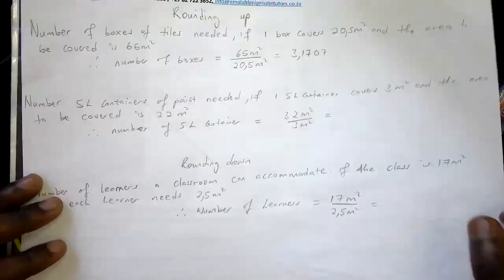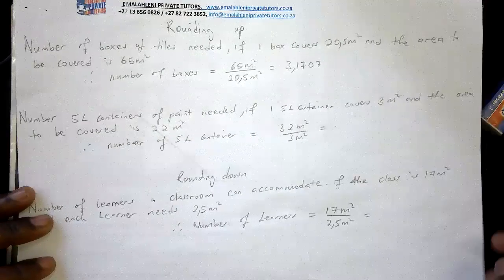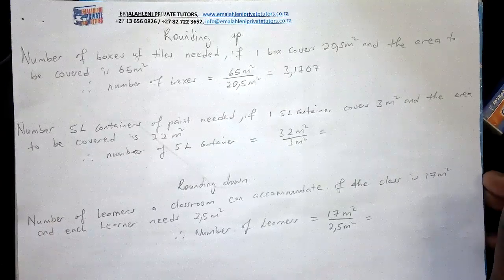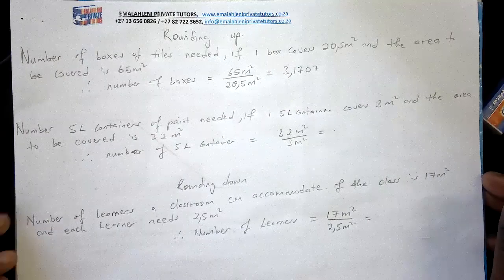Then let's look at our last page here and see what we have. There are certain situations where you are supposed to round up, and in some situations you are forced to round down. Now let's give an example.